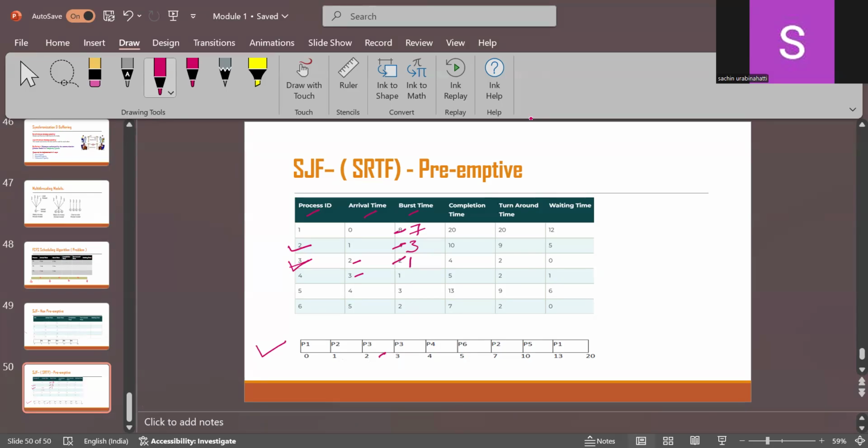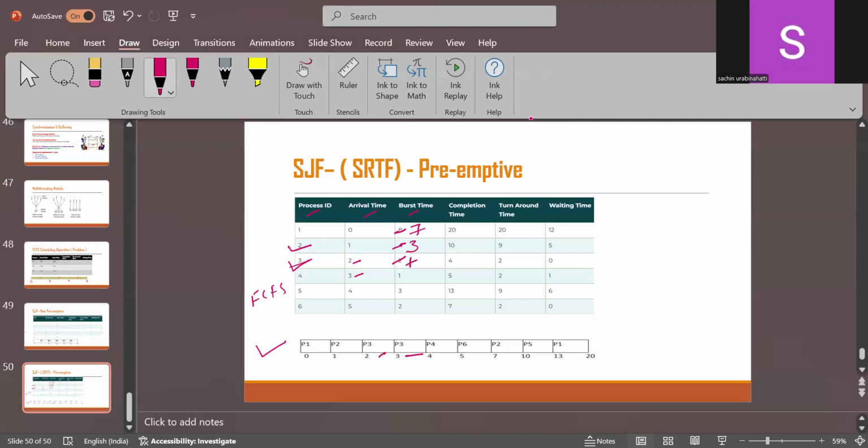Now the question is, who will take control of the CPU? We always go with FCFS, first come, first serve. Which process in the ready queue came first? Definitely P3. Even though P4 has remaining time 1, as P3 is already in the ready queue, P3 continues its execution.